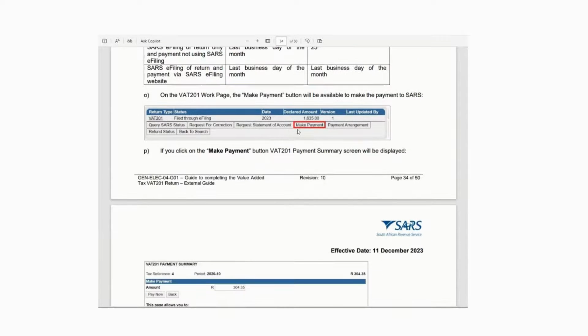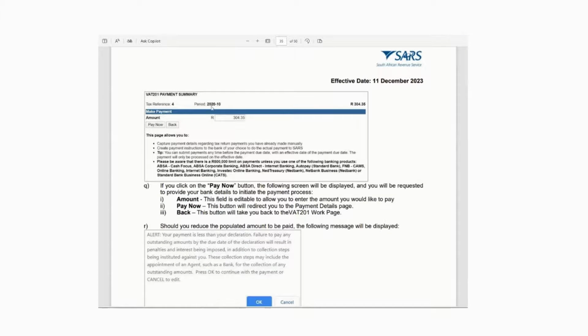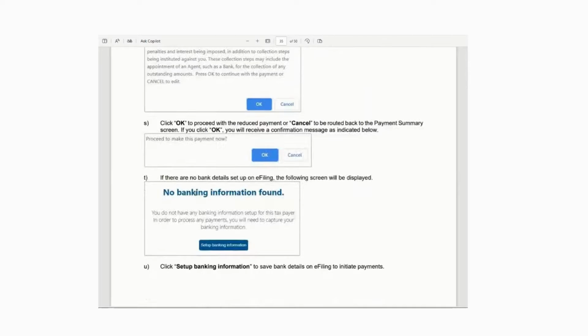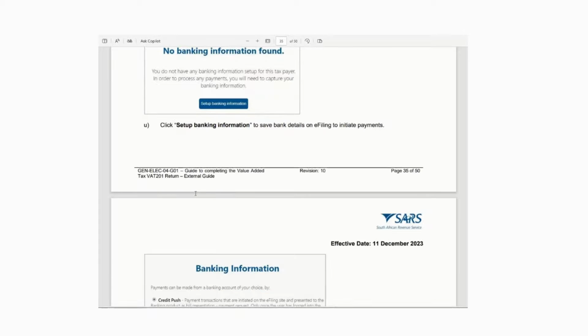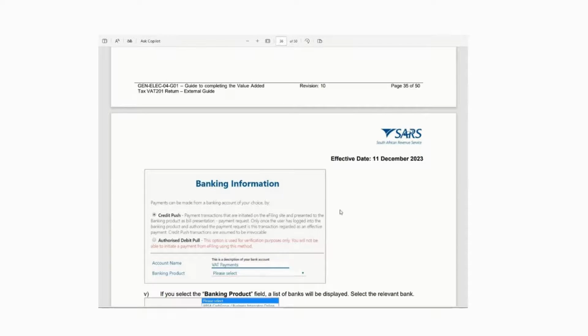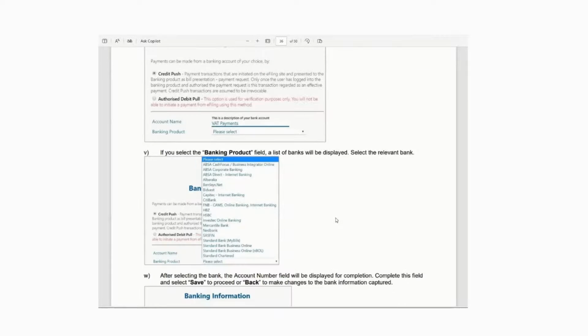Making a payment is very easy. You can see there, you just click on the button of make payment. You go into another screen, and this payment is like a push deduction that goes to your bank account that you've already inputted into SARS e-filing.